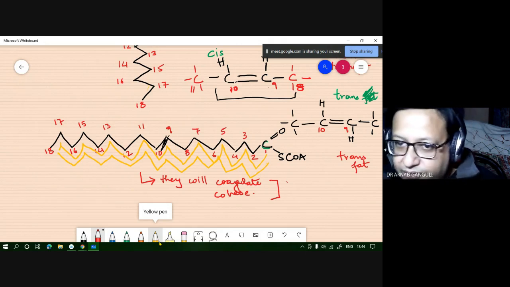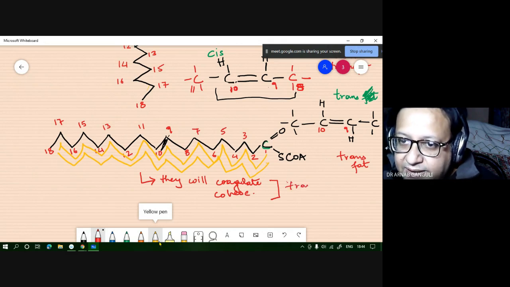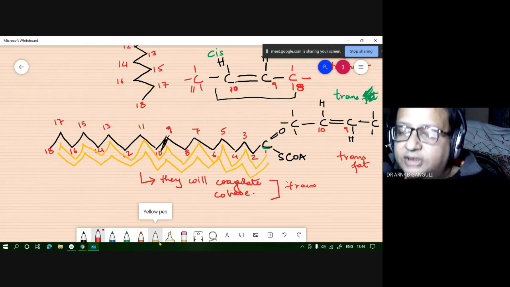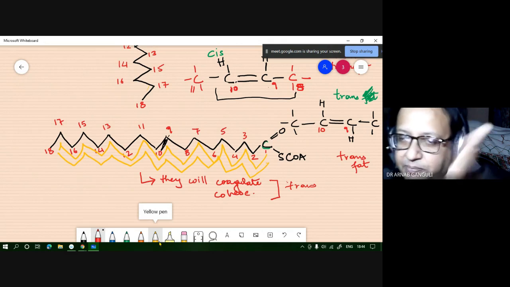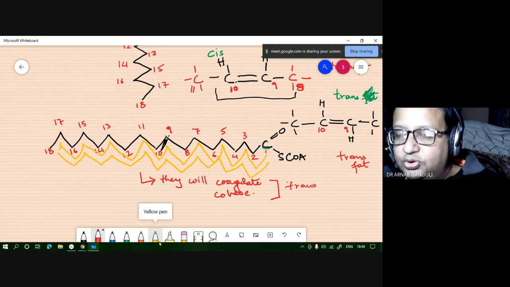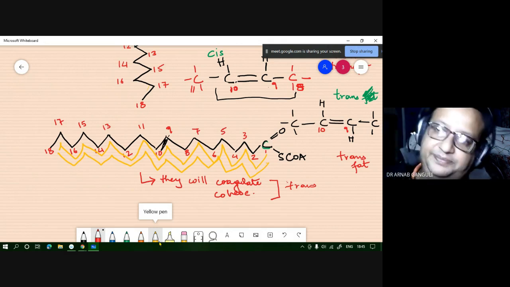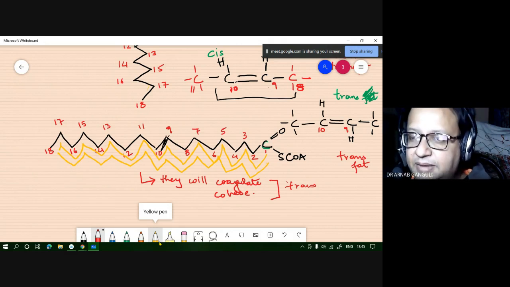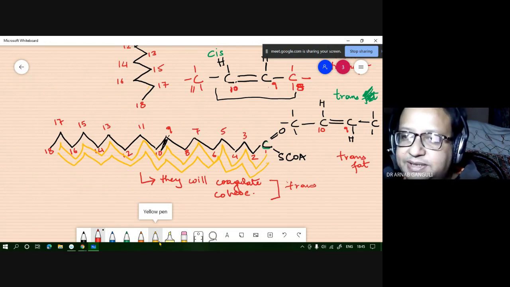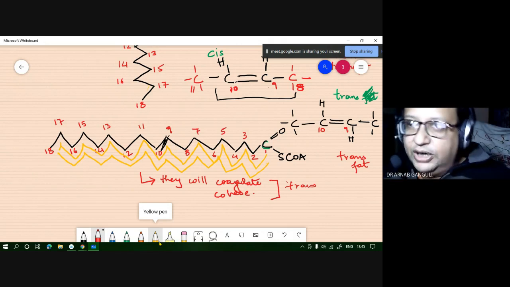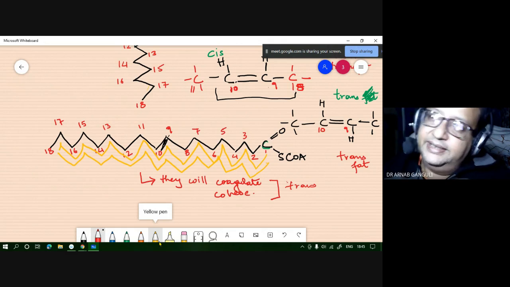So you have lots of trans fat, and when these things go inside your artery, they will coagulate inside your artery and cause arterial block. The blood will not pass. Those who eat too much ghee and butter and trans fat, churbi, beef lard, pork lard, very tasty, but the problem is that they will coagulate in your arteries, and this is not good.